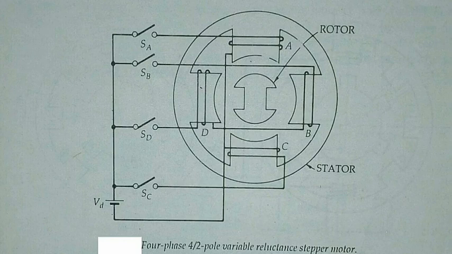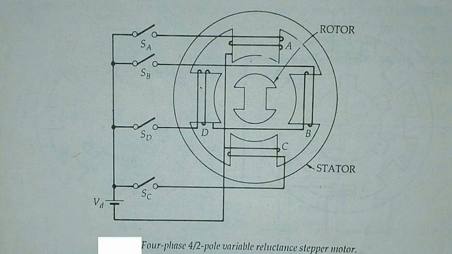Single stack variable reluctance motor. A variable reluctance stepper motor has salient pole or tooth stator. The stator has concentrated windings placed over the stator pole's teeth. The number of phases of the stator depends upon the connection of stator coils. Usually 3 or 4 phase windings are used.